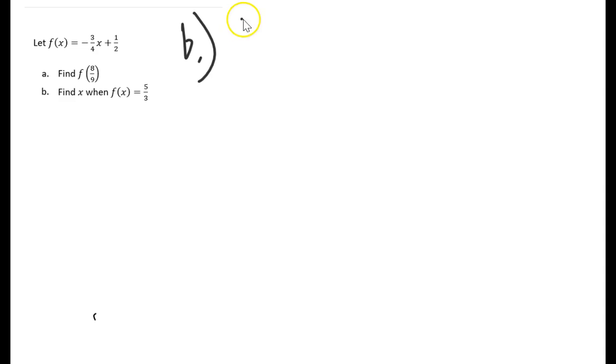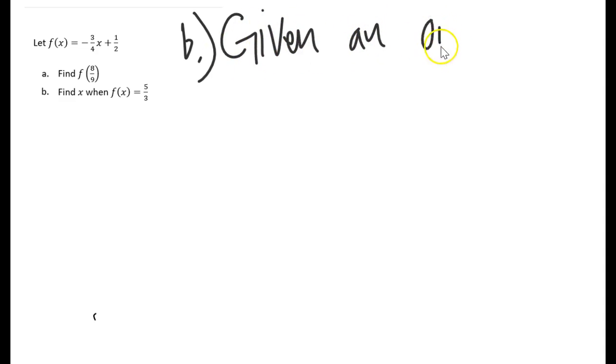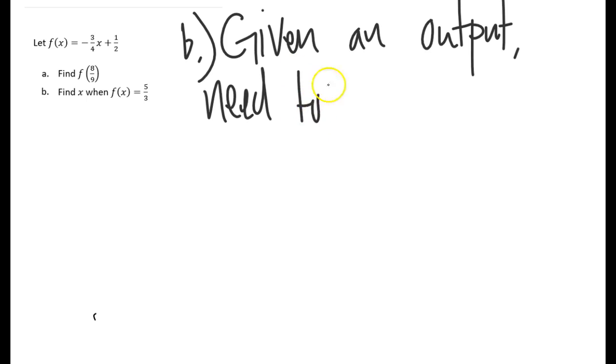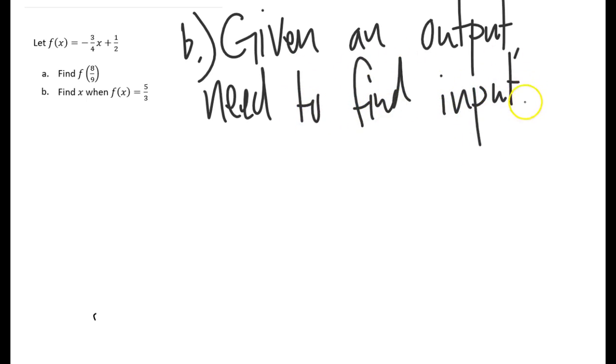So here I'm given an output. So I need to find the input that goes with it, right? I know when I plug in something, I don't know what, I'm going to get out 5/3.